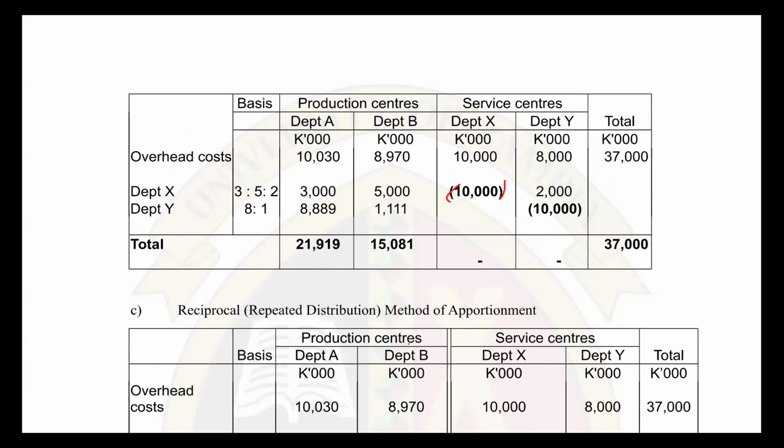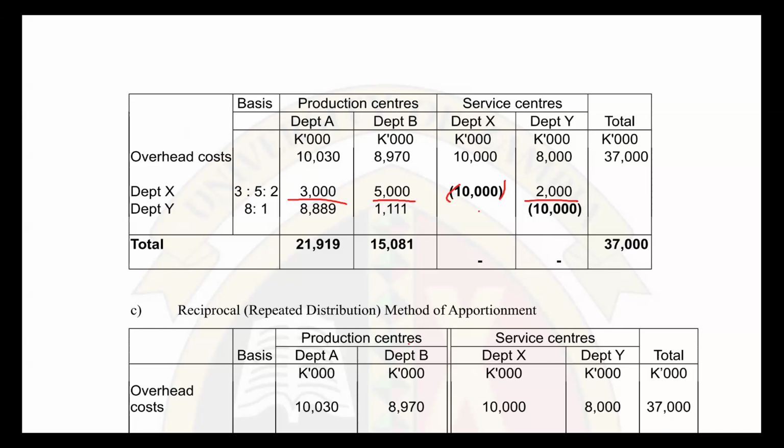Now, this time around, we are assuming reciprocating of services, which means that this 10,000 shall be shared to Department B, A, and also the fellow service center, which is Y. You get what I mean? X should also share to Y this time around. That's what the message is all about.